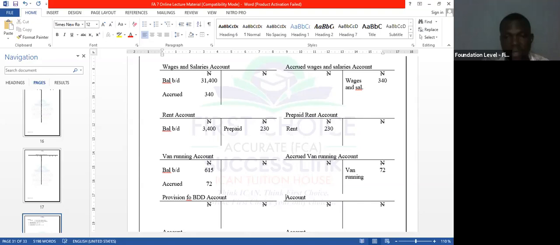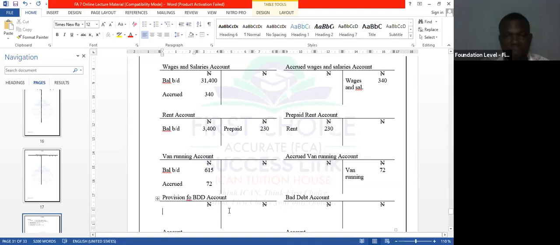Okay, let's just put bad debt there. So for provision for bad debt, what is the balancing figure?